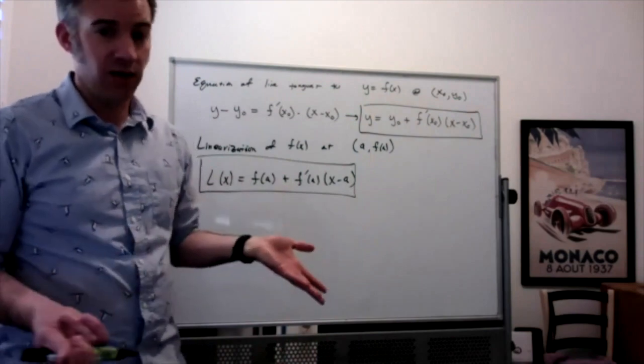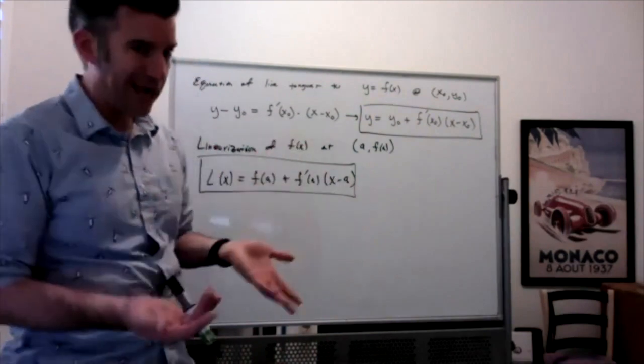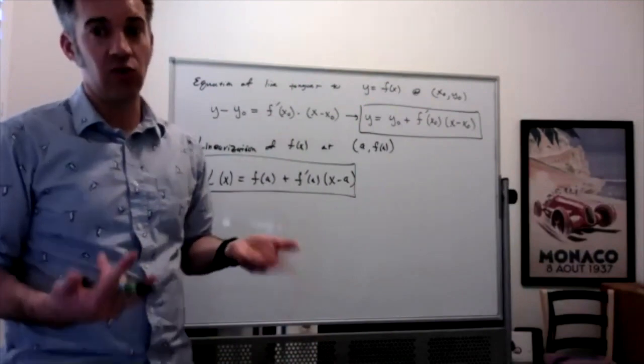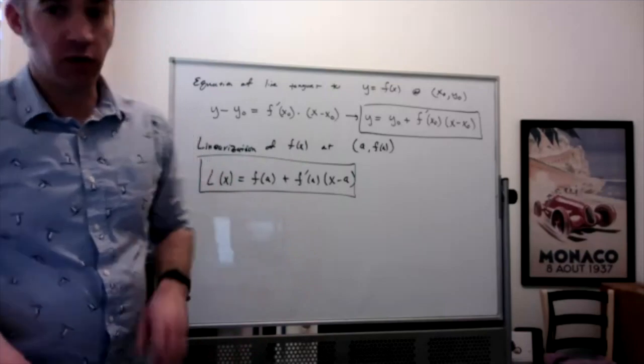And the idea, if you recall, is that we can use this linearization to estimate the value of a function in a place that might be challenging. So let me show you a quick example.